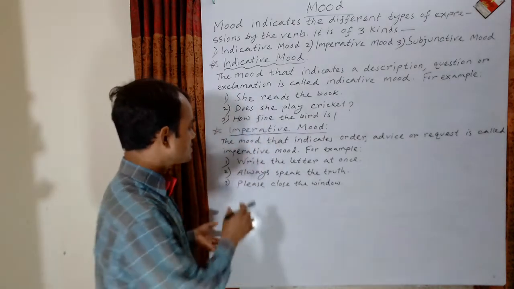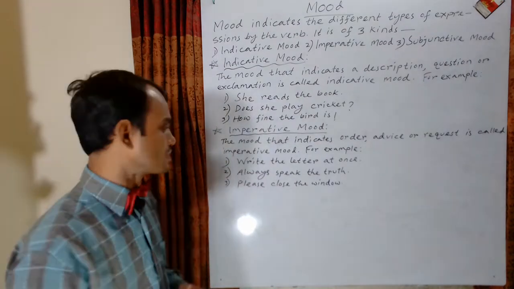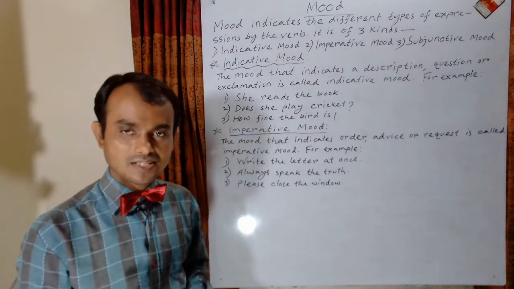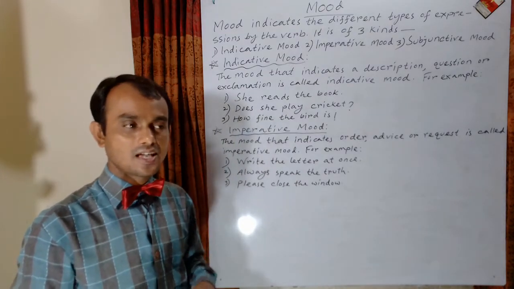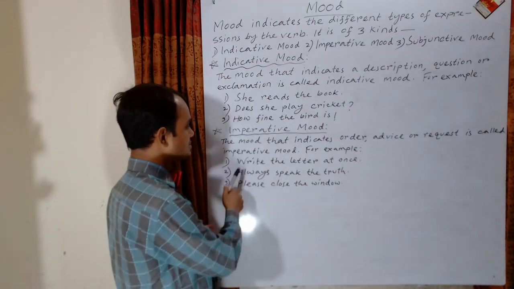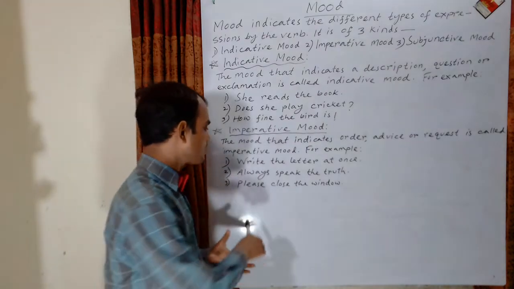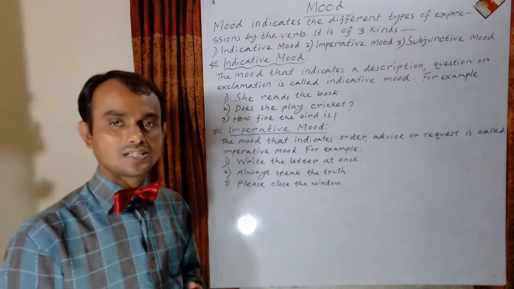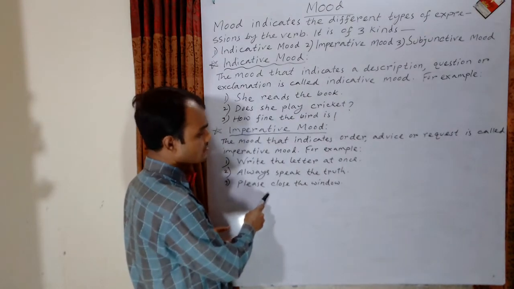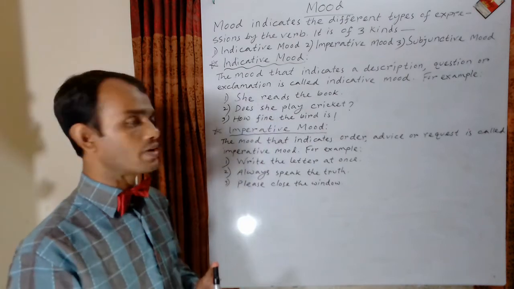For this reason, this sentence indicates imperative mood. The next sentence, always speak the truth. The verb of the sentence indicates advice. For this reason, this sentence is imperative mood. Please close the window. The verb of the sentence indicates request. For this reason, this is an imperative mood.